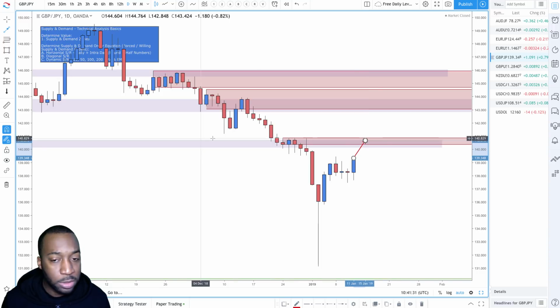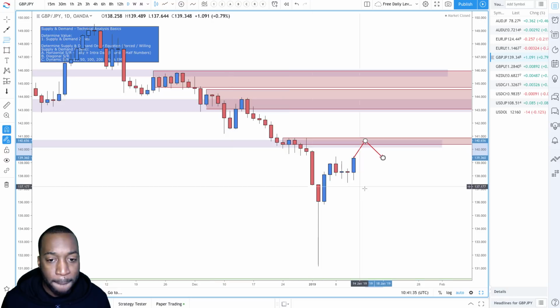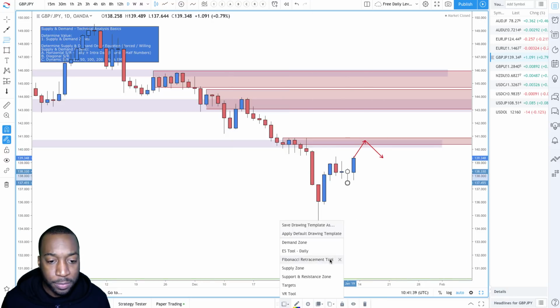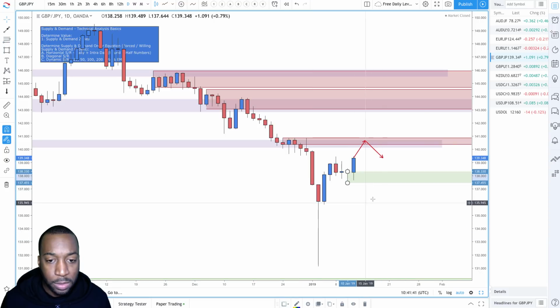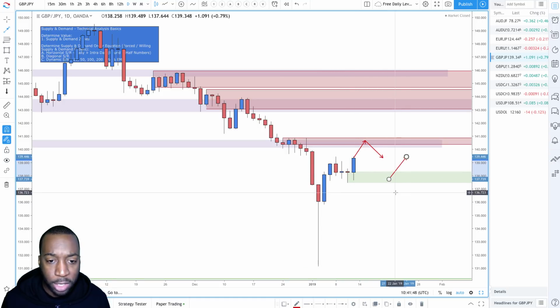Prices go up, right? This is where your first area to look for shorting opportunity, but it also creates a demand zone right there. Demand, that would be the first area to look for buying opportunity.